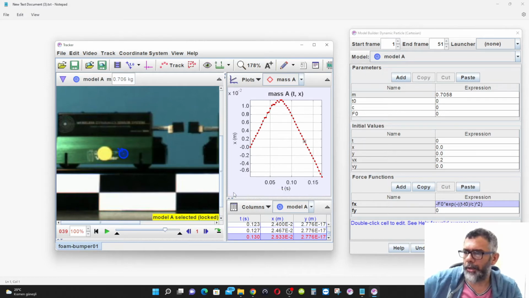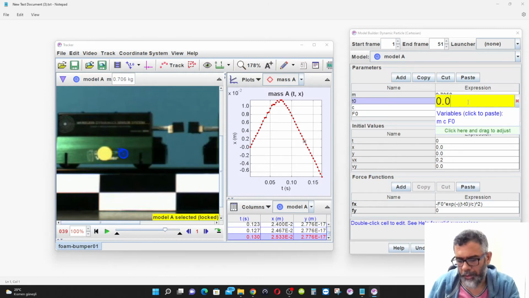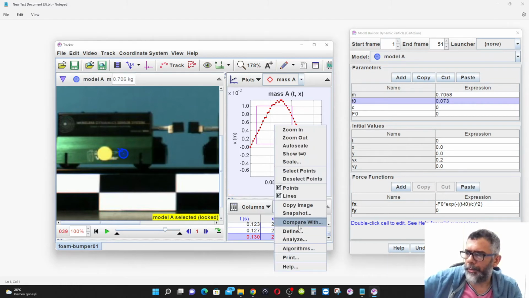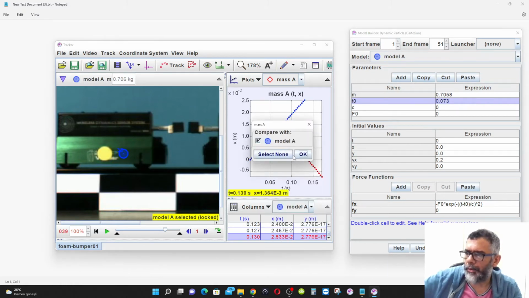You see this when I just put this mouse cursor over here. You see the yellow labels over here, and this shows t is equal to 0.7 or 7. Let's make it 0.073. 0.073. Okay.